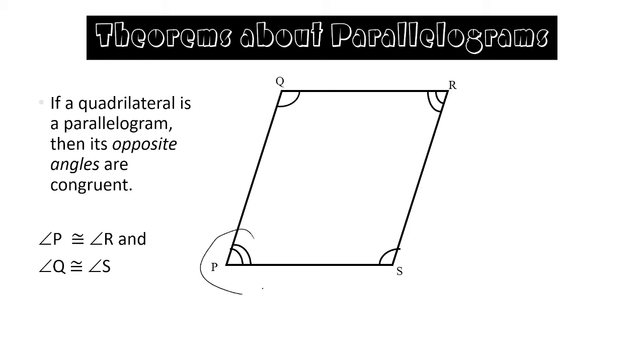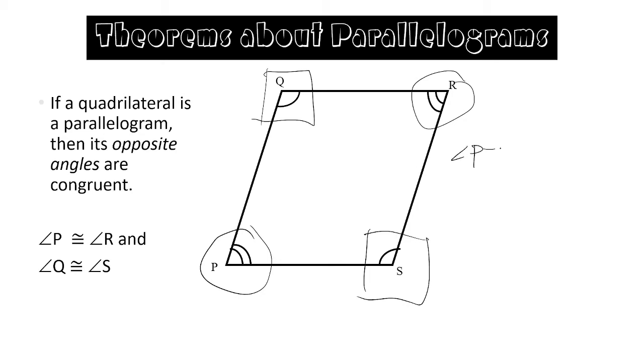Si P is congruent to R, and si Q is congruent to S. Let's say for example, ang measure ni angle P is equal to 75 degrees. Therefore, angle R is equal to 75 degrees. And let's say the measure of angle Q is equal to 105 degrees. Therefore, the measure of angle S is equal to 105 degrees.